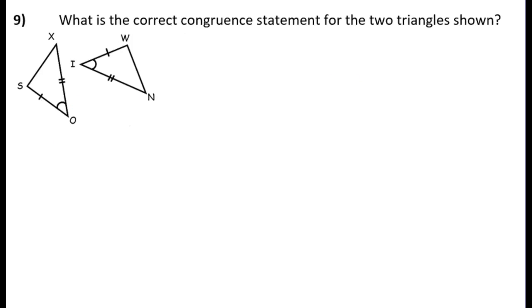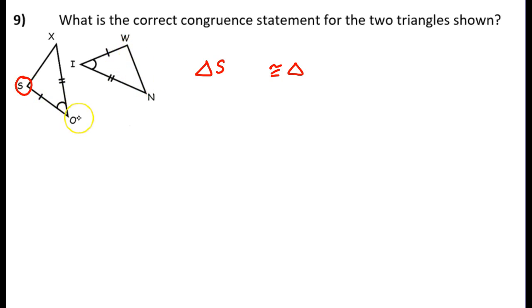In problem number 9, what is the correct congruent statement for the two triangles shown? So I want to say triangle, 3 letters, is congruent to the other triangle with 3 letters. I'm going to start with S in the first one. S has no marking here, but X also has no marking. So I'm looking for one that has no marking here.